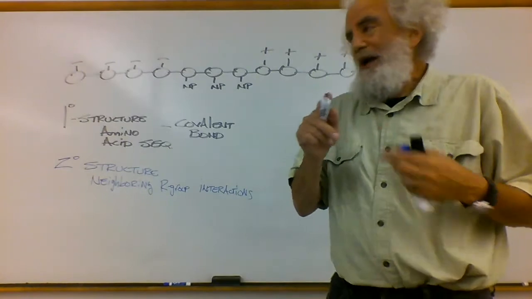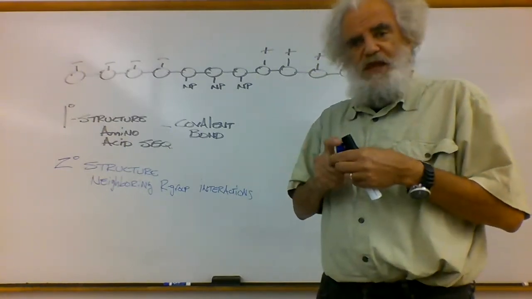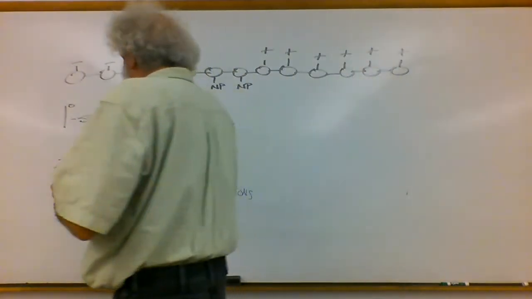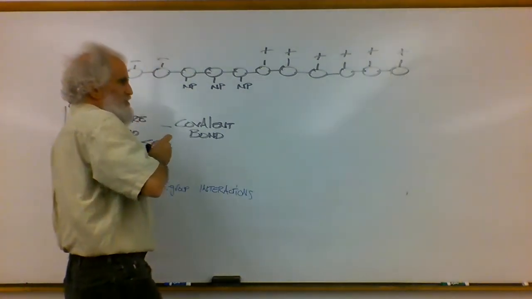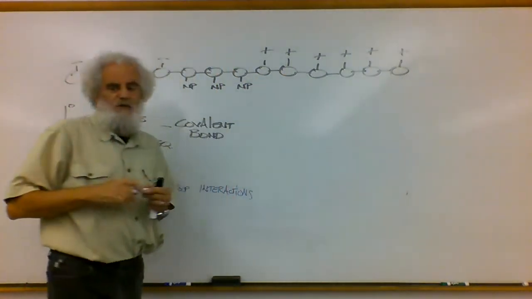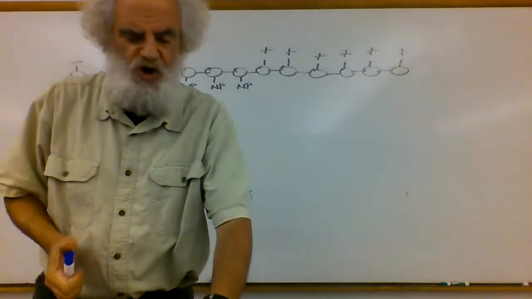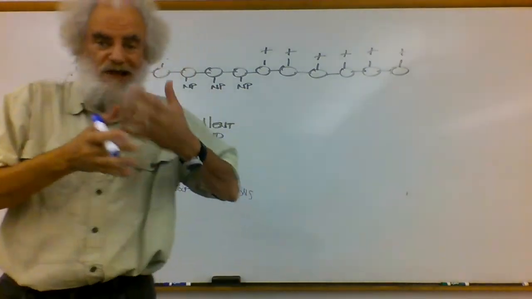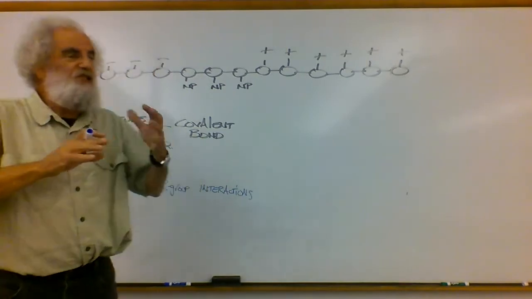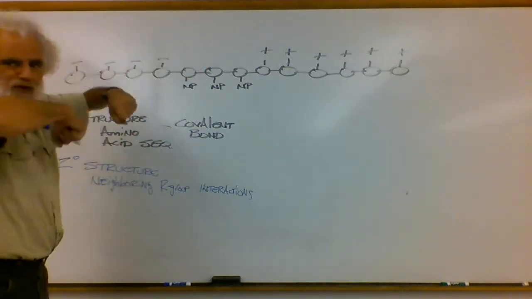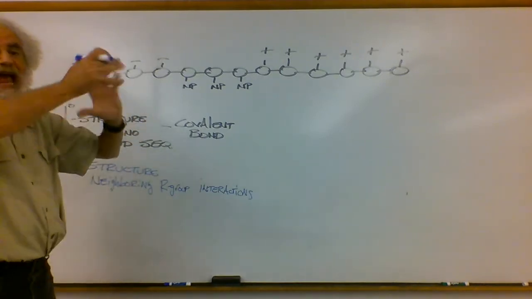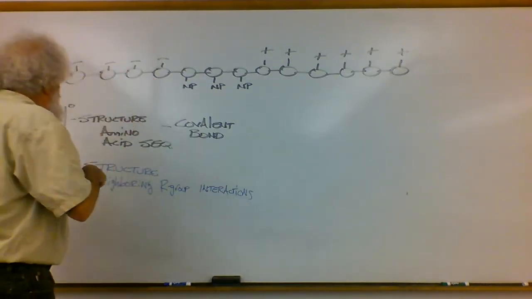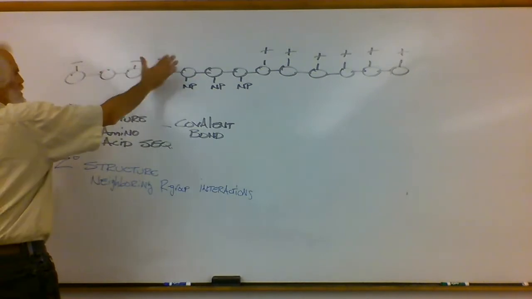Now, what can happen is like this. You got a stretch of like charges here, and a stretch of like charges over here. Now, we know opposite charges attract, like charges repel each other, and so these guys are poking into each other. Their repulsive forces cause the R groups to twist around, so they end up looking like this.